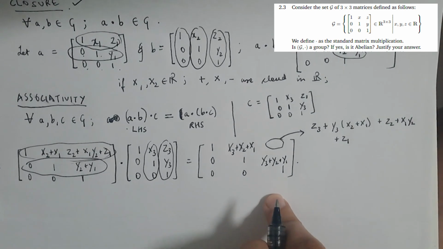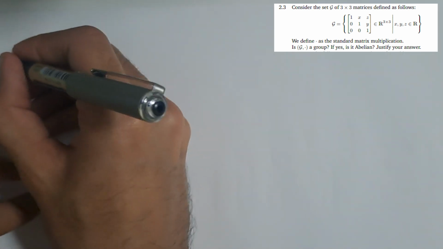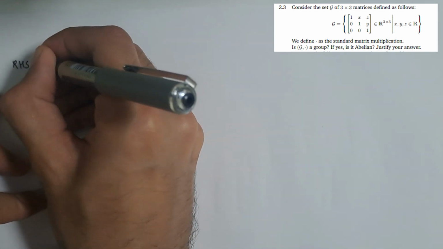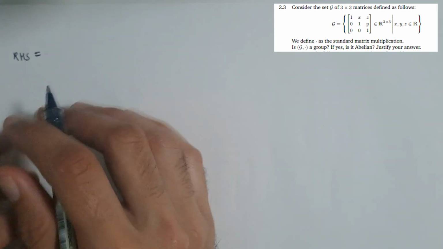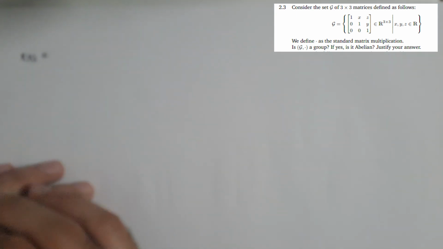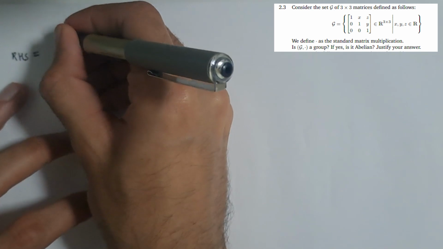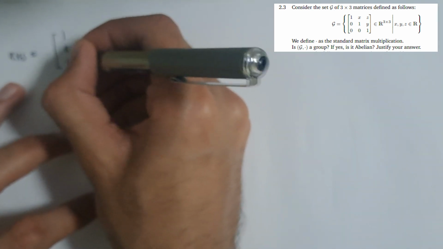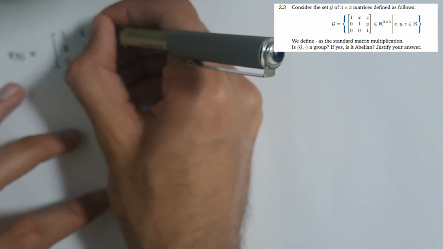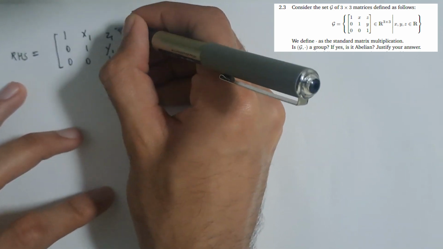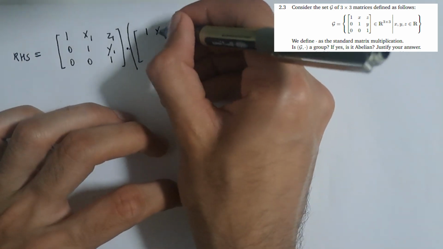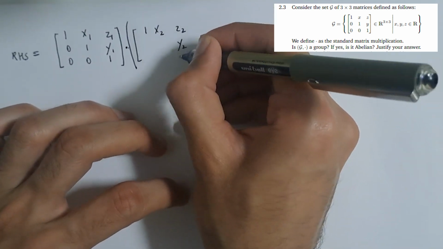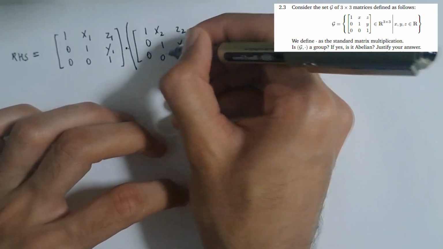Obviously, we now need to figure out the right hand side. So the right hand side will look something like A dot B dot C. So I'll have 1 0 0 1 0 1 x1 z1 y1 dot, and we'll do this before 1 x2 z2 y2 1 1 0 0 0.